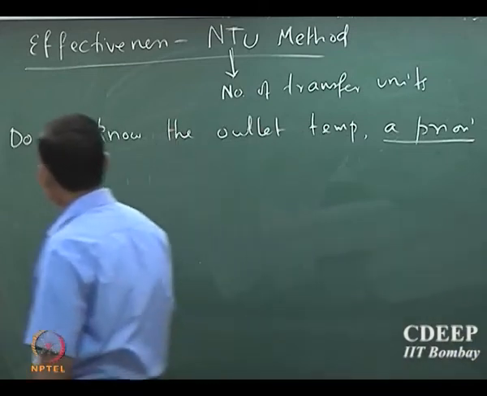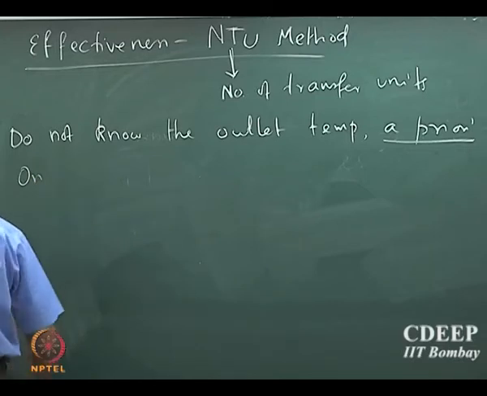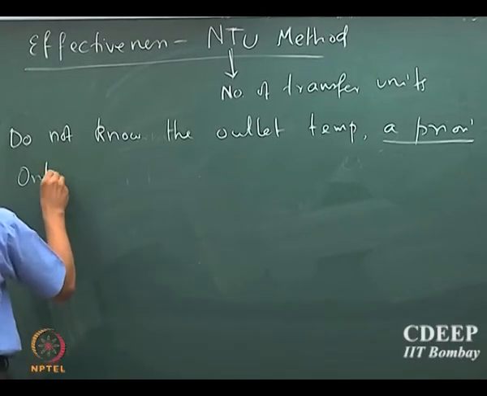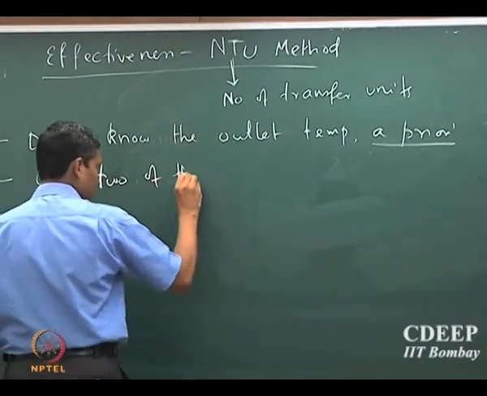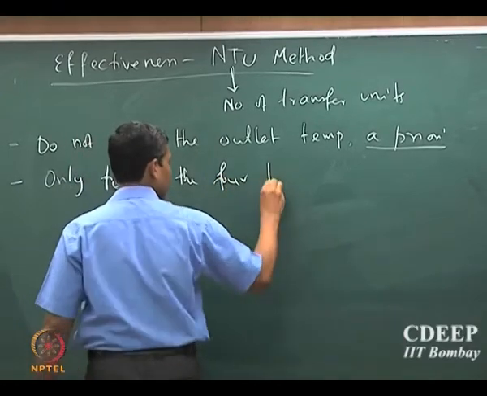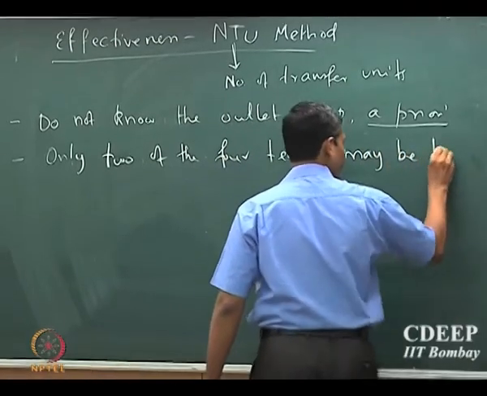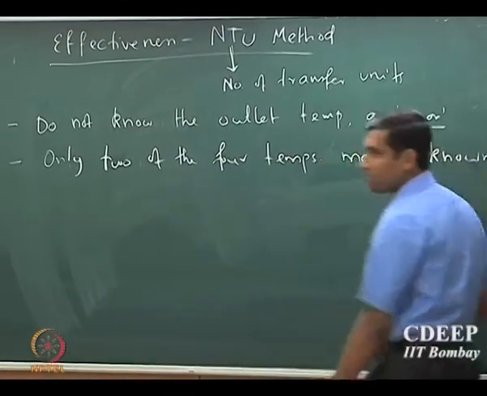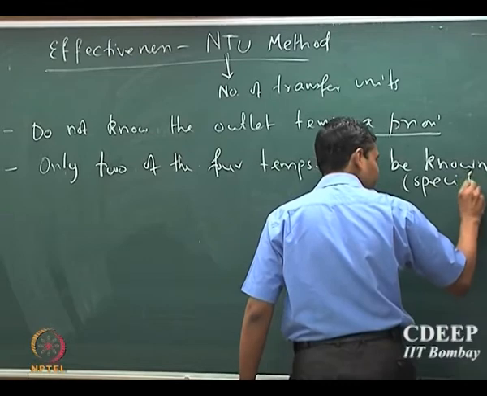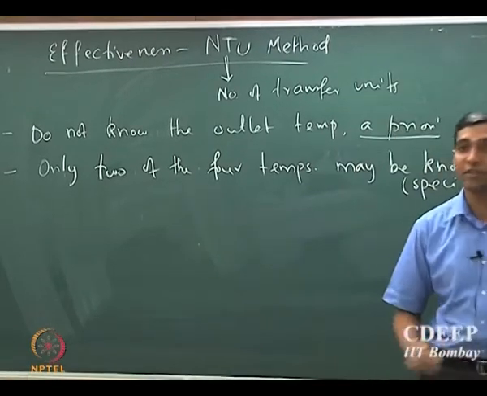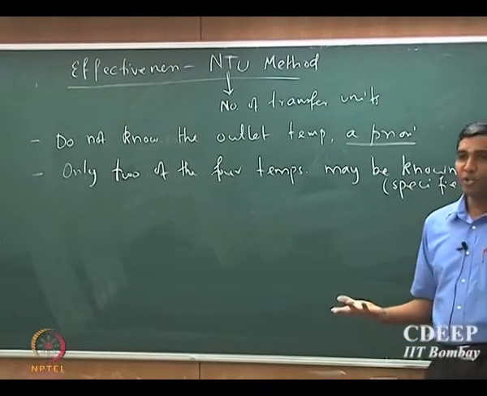So it turns out that under many industrial settings, only two of the four temperatures may be known. I may even say that may be specified, because remember that you are always interested in designing before fabrication. So only two of the four temperatures may be specified.